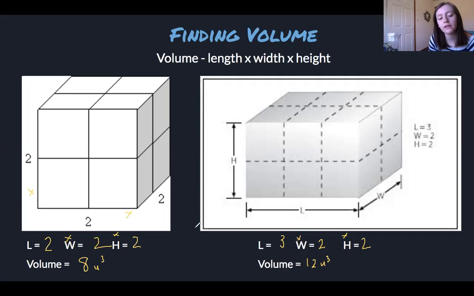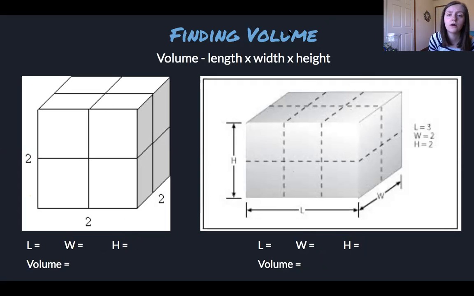We can check that by going back and counting the number of cubes in this model. I have 6 cubes in my little top section, and there's one just like it underneath, so that's 6 more. 6 plus 6 is 12, so my answer of 12 units cubed makes sense.